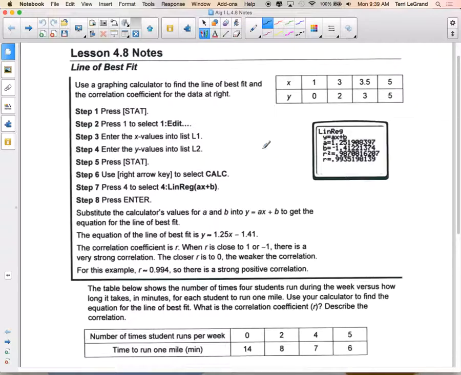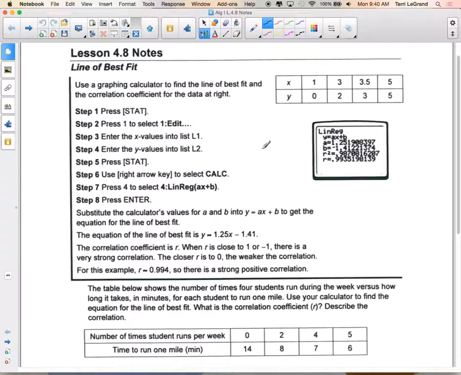So if we had an R value of -0.94, we would say that the things being compared in that data set had a strong relationship to each other. It would be a negative correlation: as one of them increases, the other decreases. But if that R value was -0.45, now we would say that's just a moderate correlation.